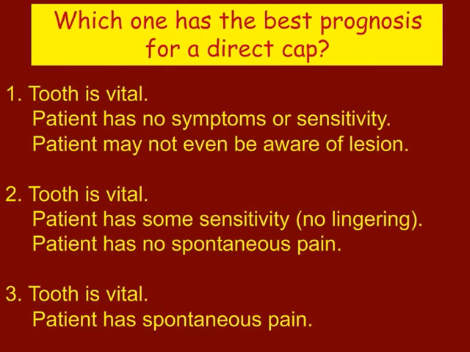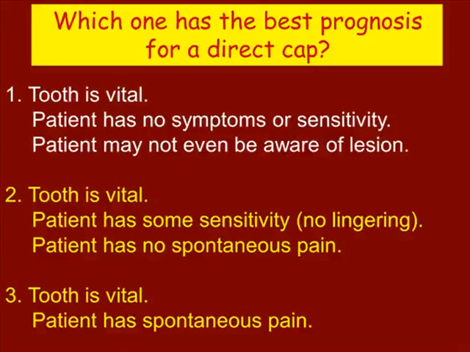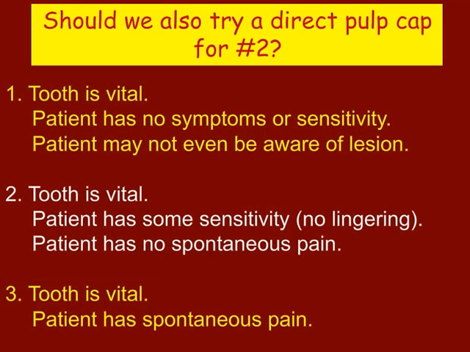So which of these has the best prognosis for a direct pulp cap? The answer is number 1, which has the best chance because it hasn't developed symptoms yet. Should we also try a direct pulp cap for number 2? Yes, we should.